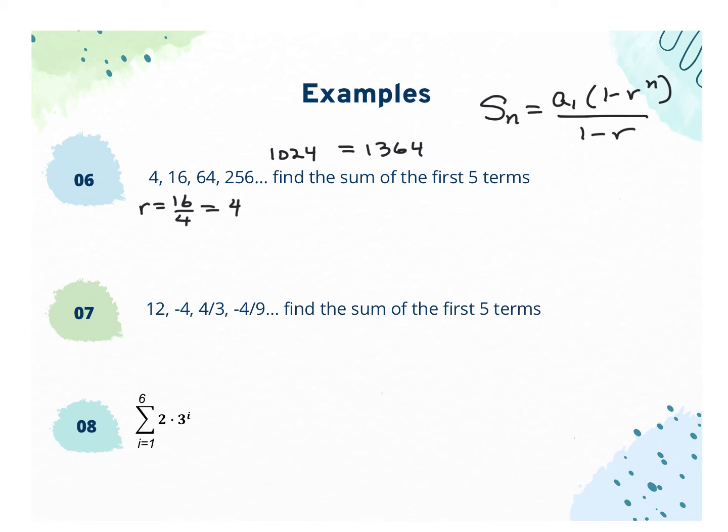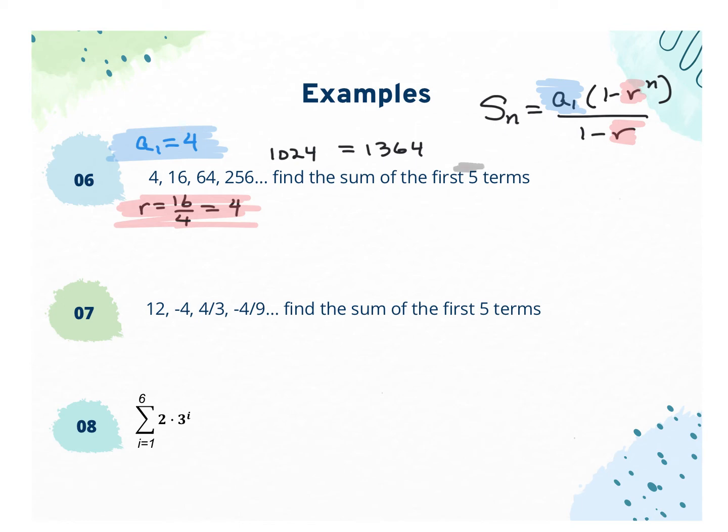Now, notice in this problem, my first term, my a sub 1, is also 4. So when I go to plug this into the formula, let me just go ahead and color code it. So my first term, I'm going to put in blue so you know which 4 I'm talking about. And then my common ratio, I'll put it into the formula in red. So the n value is however many terms you are adding up.